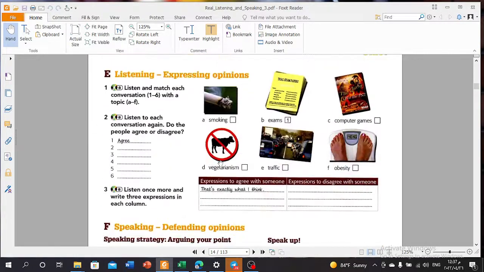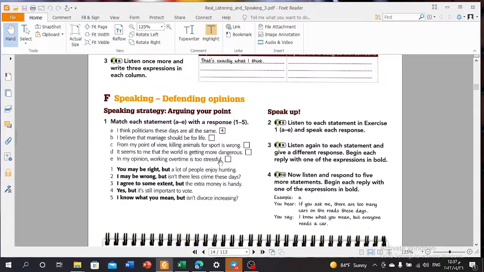Also, we have the speaking strategy related to how to argue your point. When someone gives an idea or expresses his opinion about something, and you want to show that you don't accept his idea, you want to argue the point, what would you do?